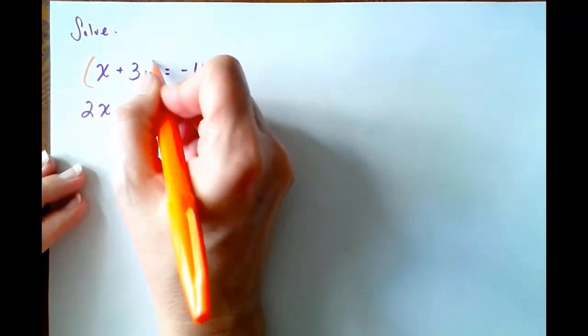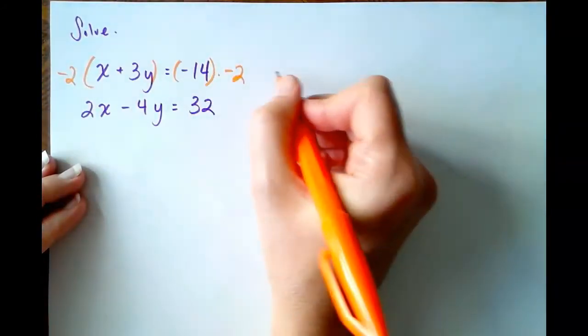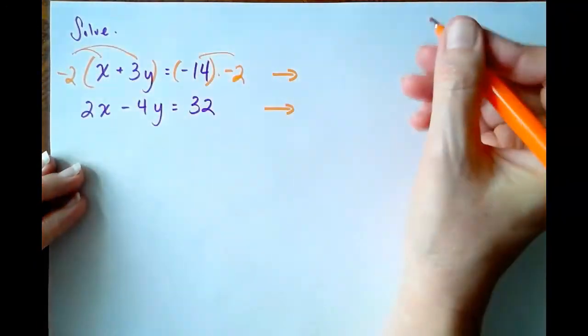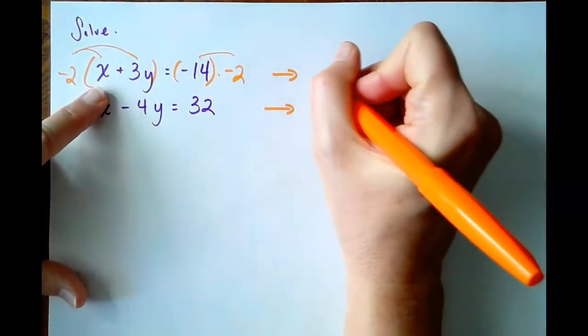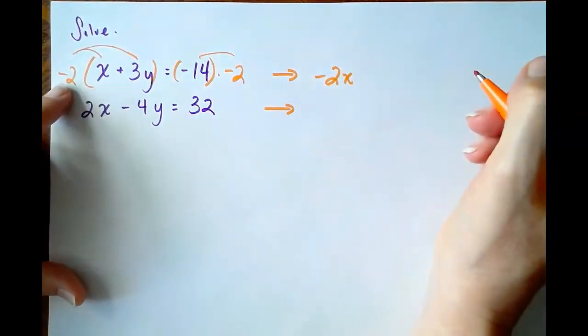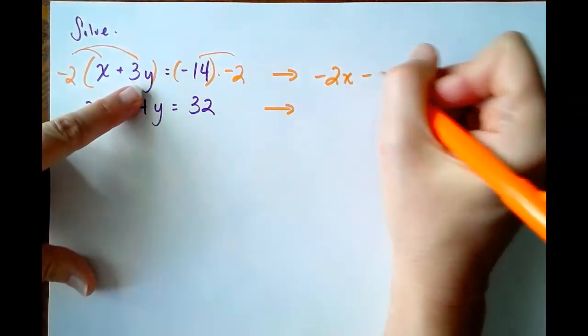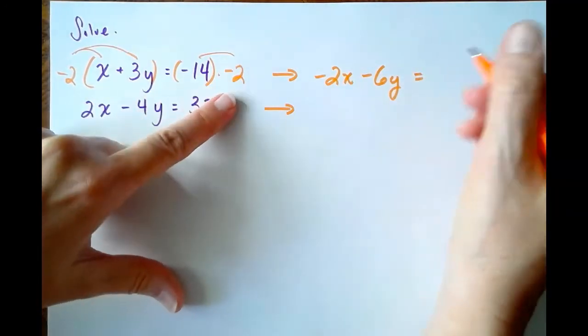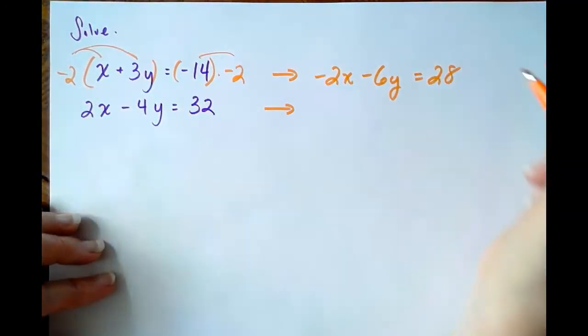So if I multiply this top equation by negative 2, this time I'll move to the right, using the distributive property. Negative 2 times x is negative 2x. Negative 2 times 3y is negative 6y. Equals negative 14 times negative 2 is 28.